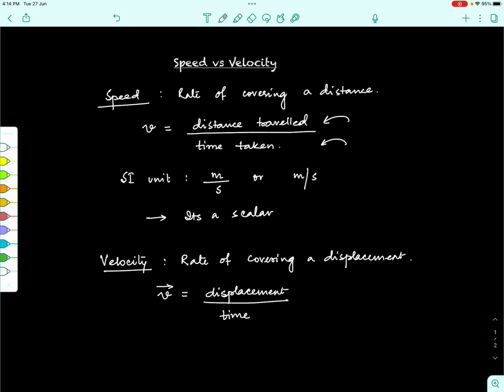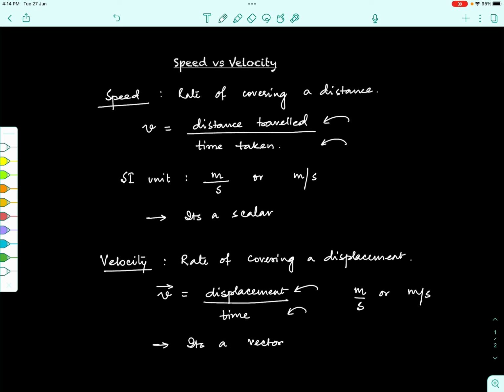The SI unit of displacement is also meters. So the unit of this quantity will also be meter per second, m/s. And since velocity by definition is a vector divided by a scalar, it will be a vector quantity. So velocity is a vector.